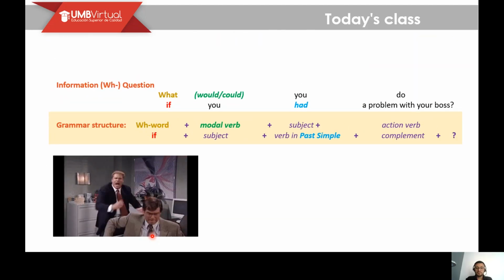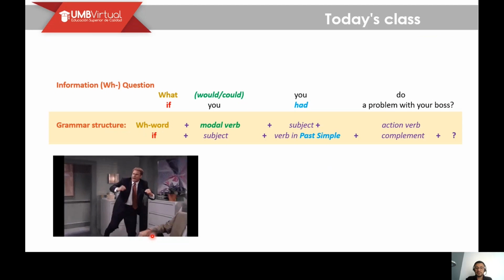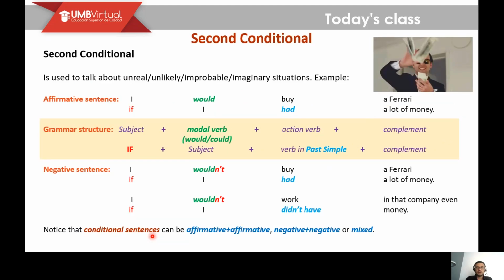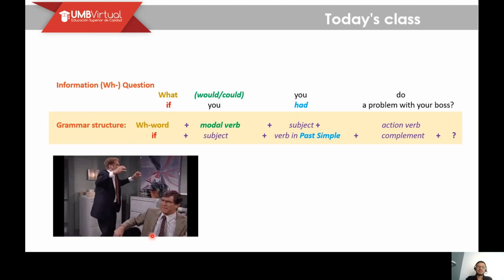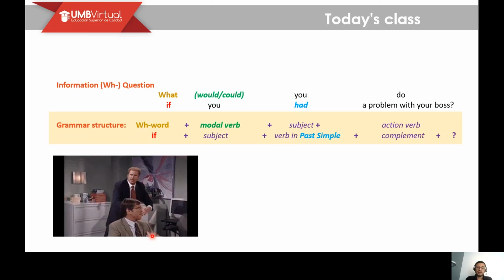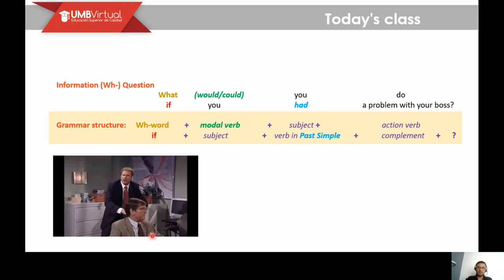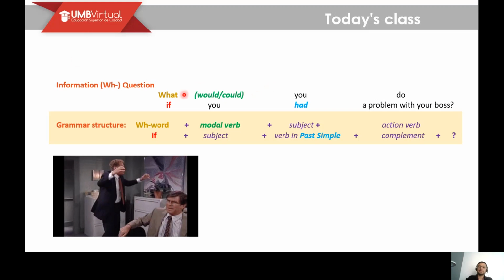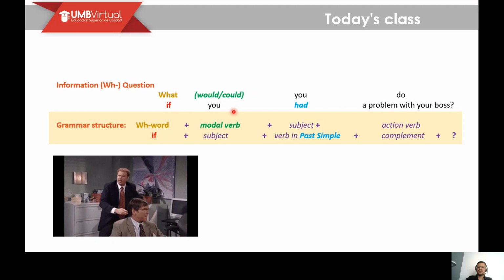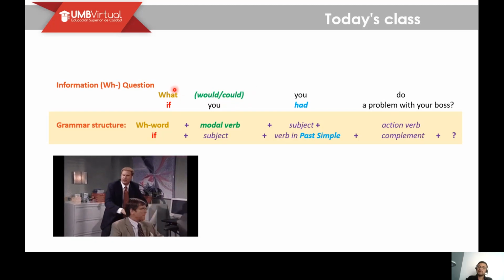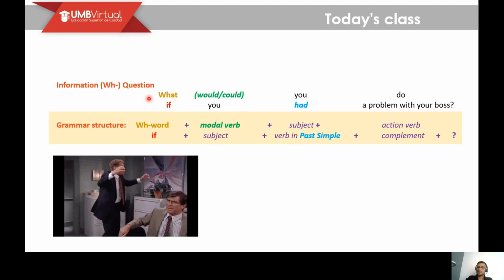Otra cosita, listo. WH questions, information questions. Normalmente vamos a encontrar este condicional si lo tenemos en forma de pregunta con pregunta de información. Es lo normal, ¿listo? ¿Cómo sería? Pues agregamos el cambio de posición del verbo modal al principio de la oración y antes de eso, la WH word.